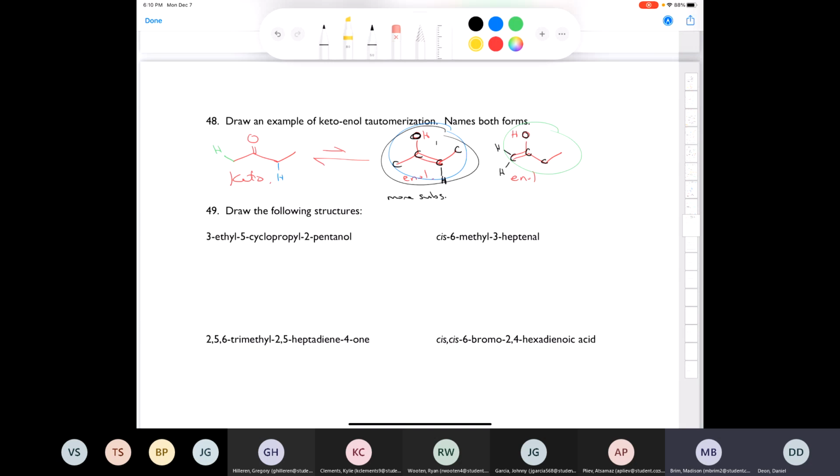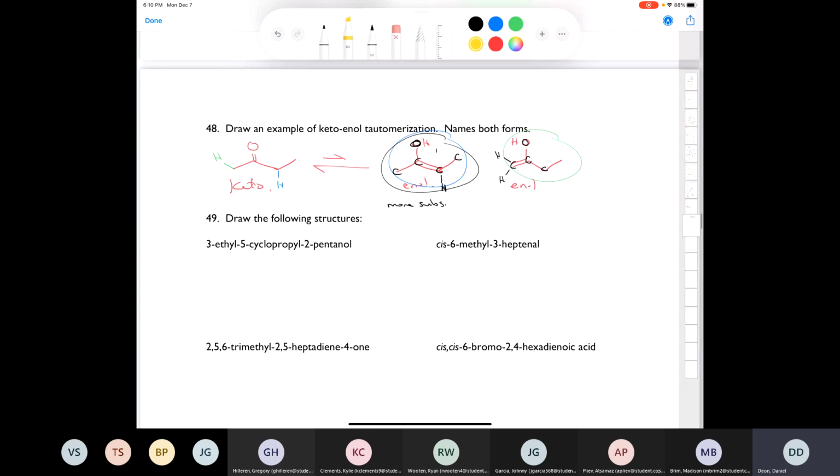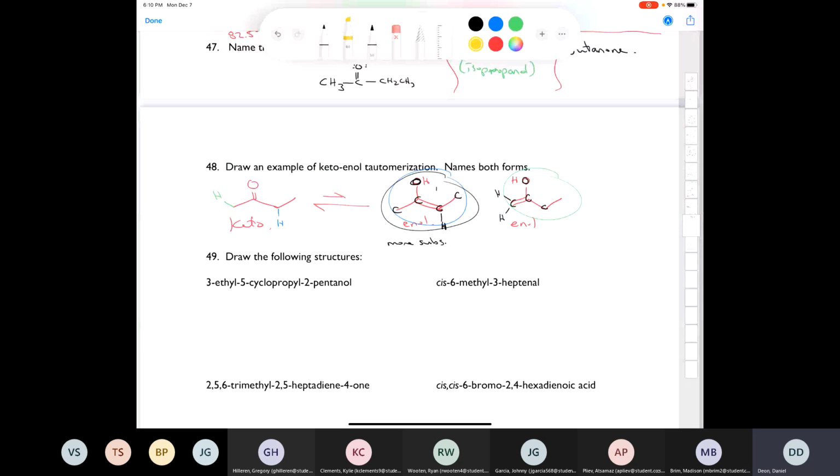Isn't that like Zaitsev's principle? No, that's something completely different. Zaitsev has nothing to do with an enol whatsoever. Zaitsev would mean if you were taking, let's say, 2-butanol, and you were heating that in acid, and you eliminate water, minus H2O, in that case, you could either pull off the alpha proton here to make 2-butene, or you could pull off a proton here to make 1-butene, right?